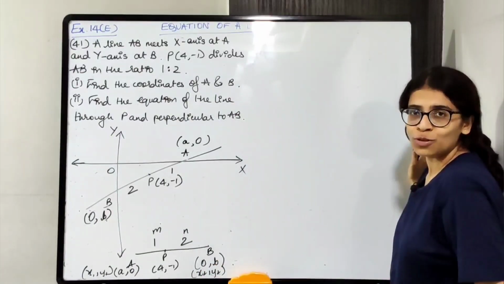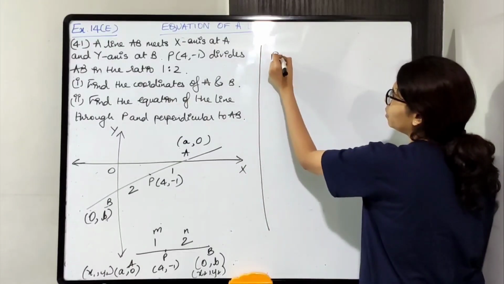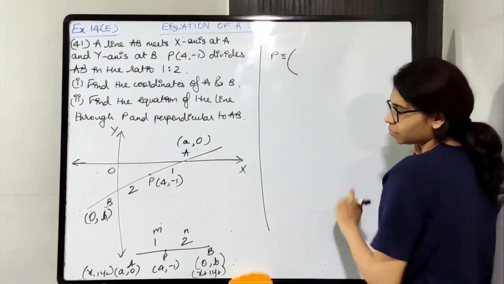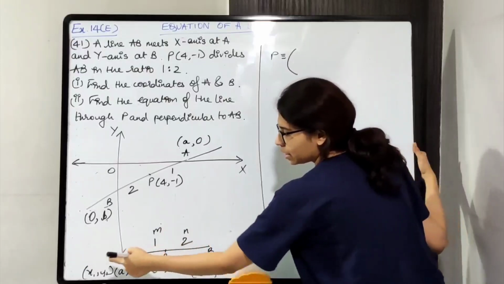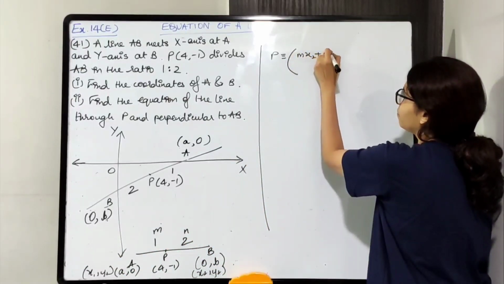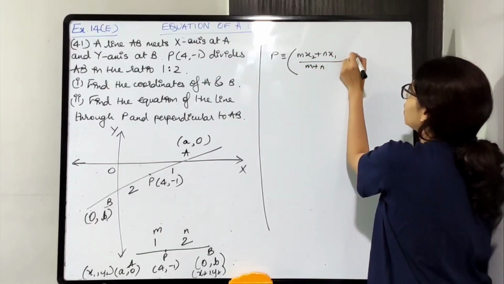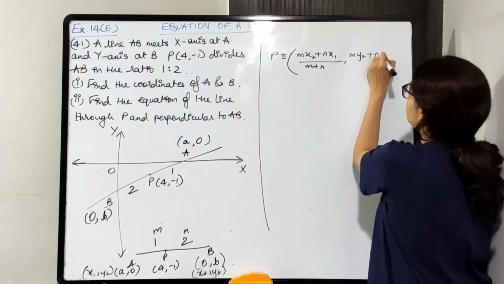Use section formula. Okay, so by section formula P का coordinates क्या होगा? mx2 plus nx1 upon m plus n, and y coordinate my2 plus ny1 upon m plus n.